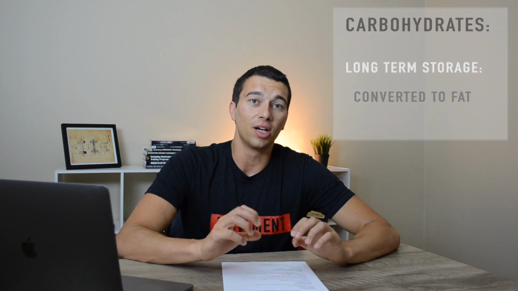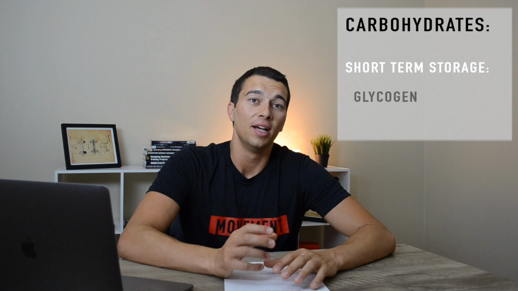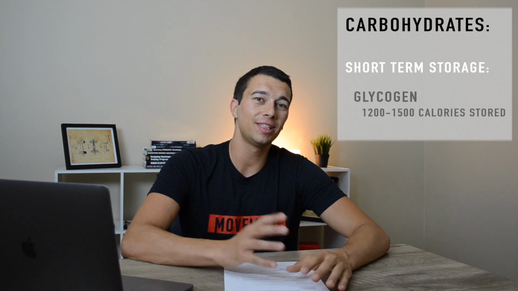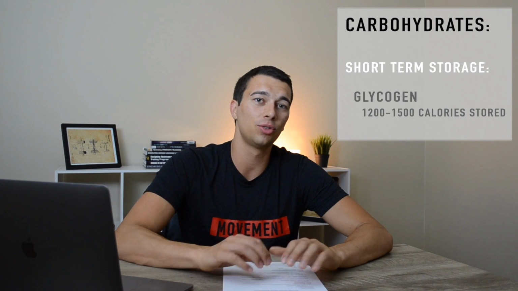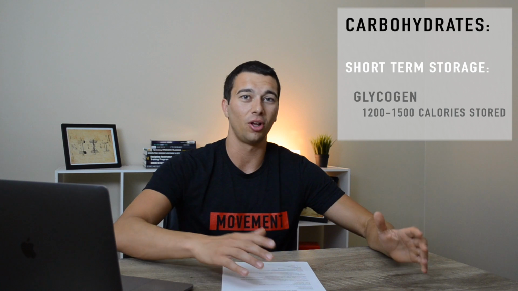When we're thinking about glycogen, that's our short-term storage that's fairly limited. For the average person, they're limited to about 1,200 to maybe 1,500 calories worth of glycogen stores. If your glycogen store is filled up, then you're going to go to long-term storage.